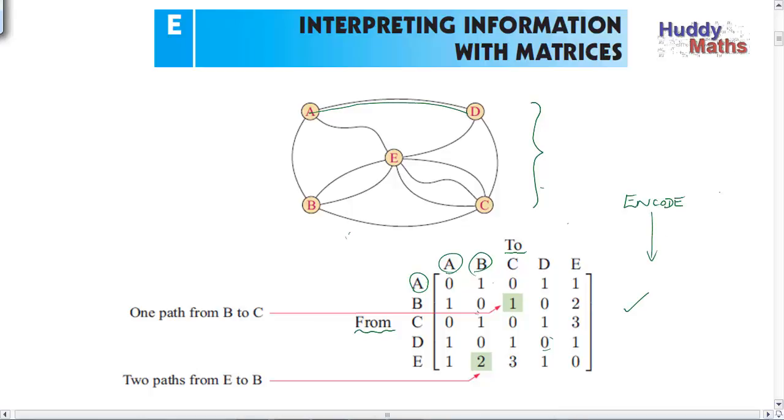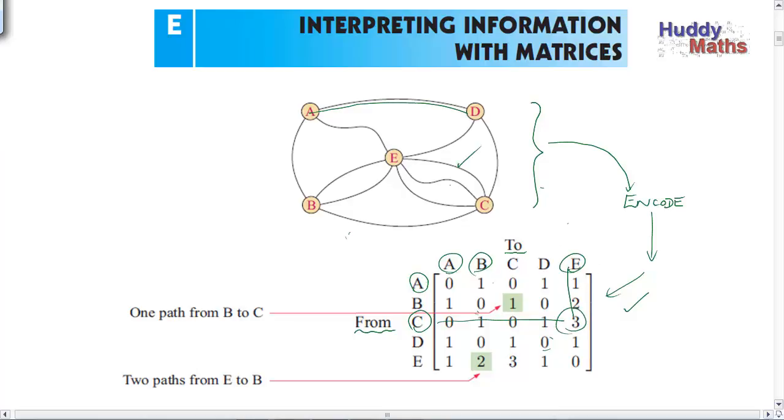These are called adjacency or connectivity matrices, when you take a diagram and put it into the matrix form. What does this mean? C connected to E is 3. Do we agree?